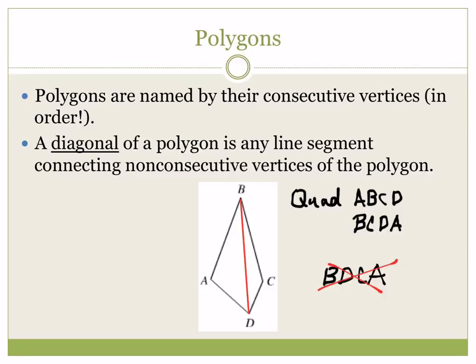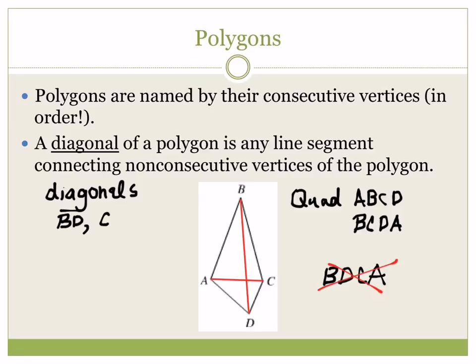B to D, that would be a diagonal. What's the other diagonal in this one? CA or AC. So there are 2 diagonals here. So here we have diagonals. B, D. It's a line segment, right?